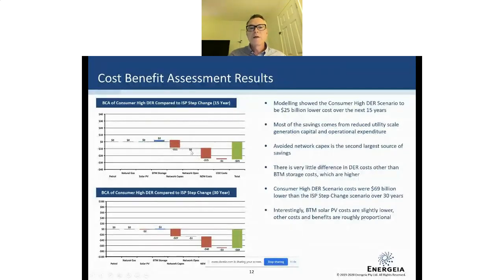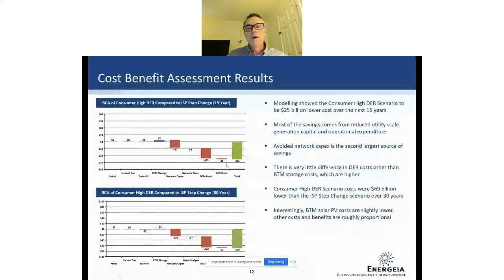Network opex, there's not a lot of difference, but then in the NEM costs, we see $15 billion in net present value. And this is the largest category, largely from reductions in fuel burn, but also from a reduced investment in utility scale generation.